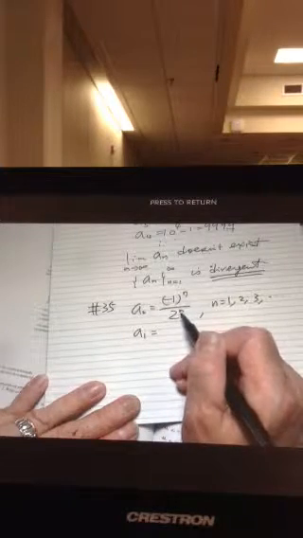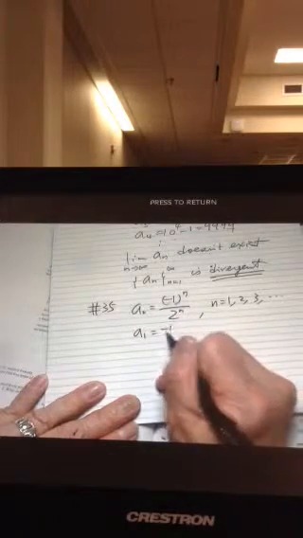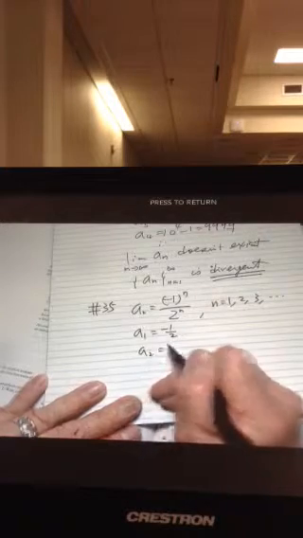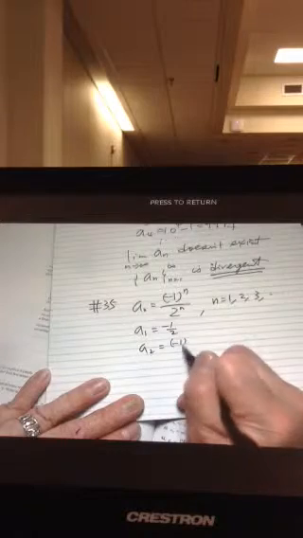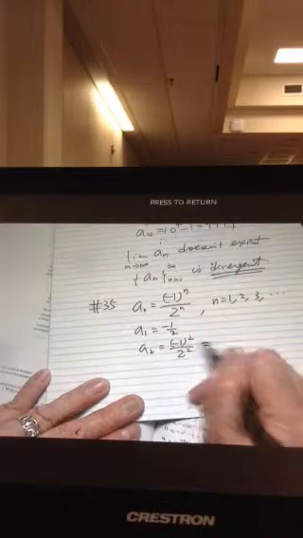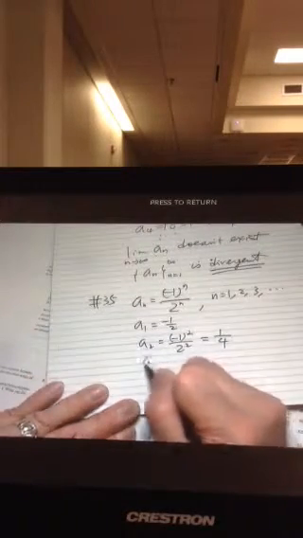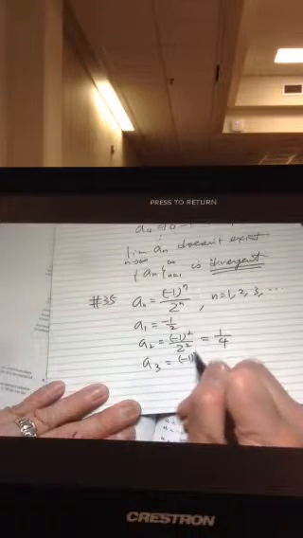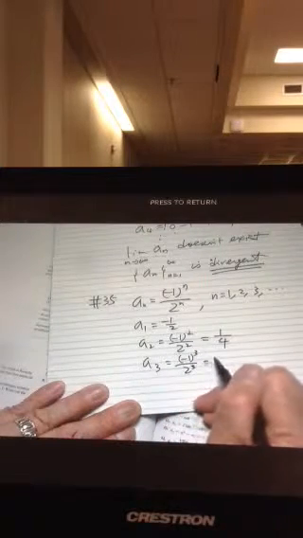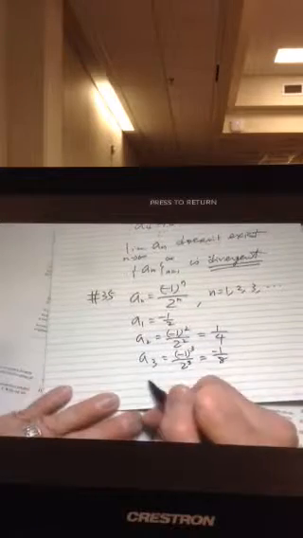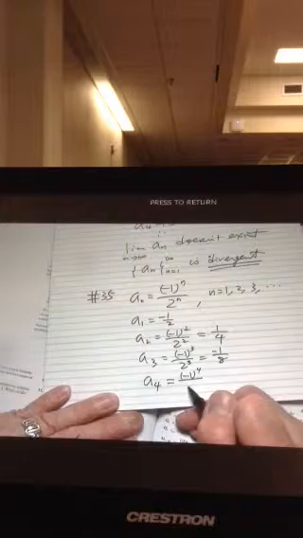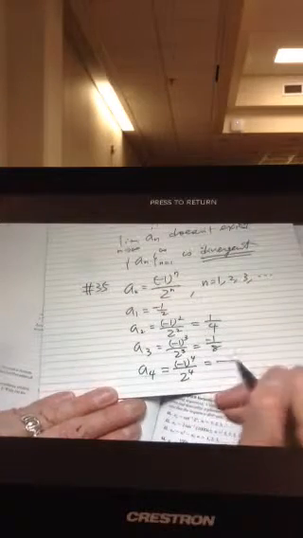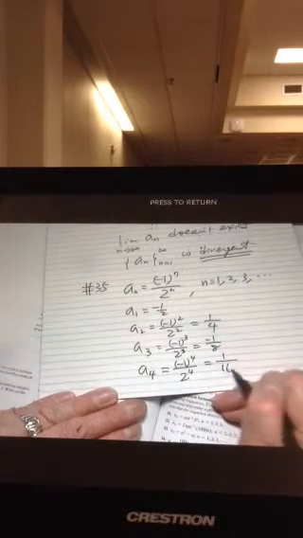A1, when n equals 1, is negative 1 over 2. A2 is negative 1 squared over 2 squared, which is 1 over 4. A3, negative 1 cubed over 2 cubed, that's minus 1 over 8. A4, negative 1 to the 4 over 2 to the 4, so that's 1 over 16.